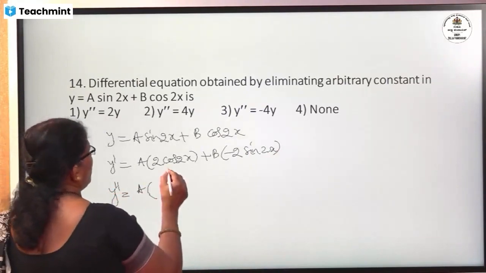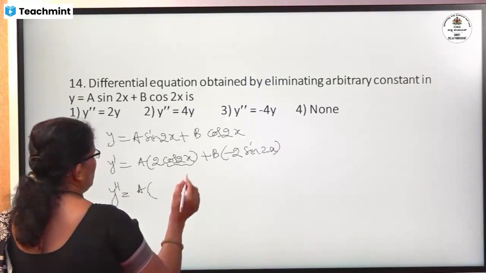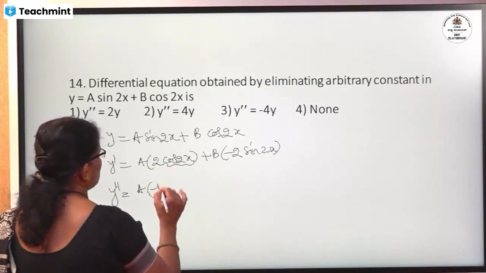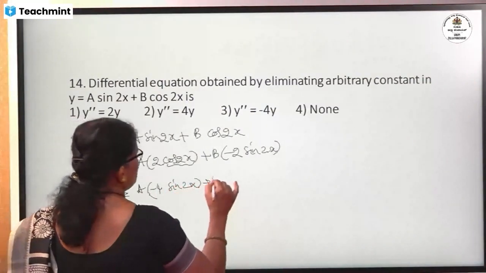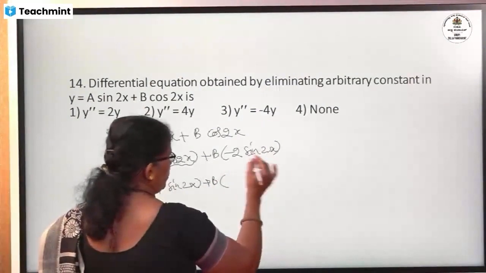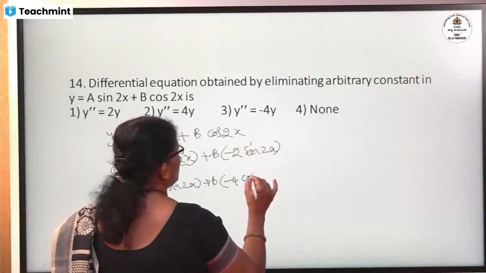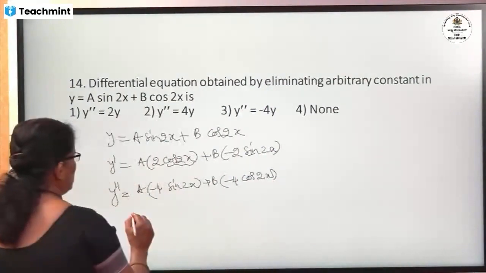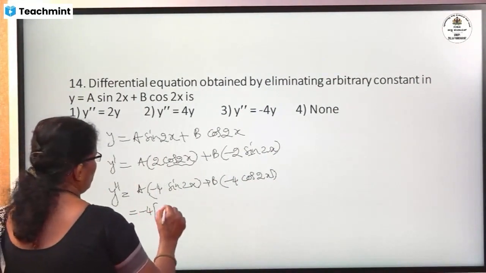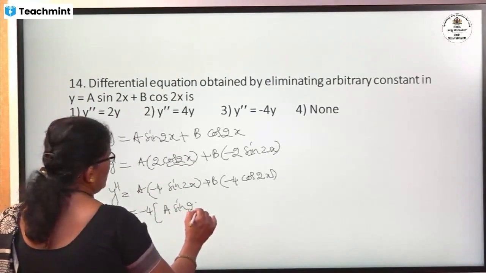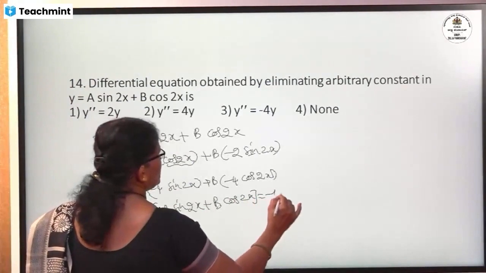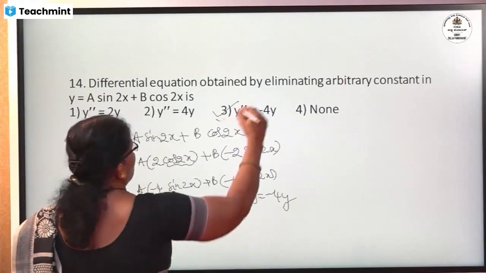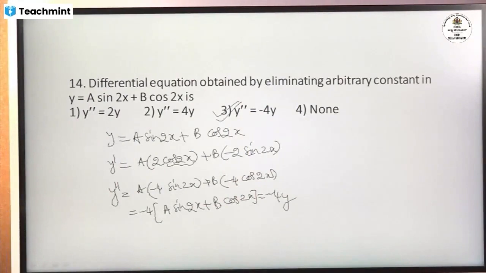A into cos 2x will be minus 2 sin 2x, and there is already a 2, so it becomes minus 4 sin 2x, plus b into sin 2x is 2 cos 2x, and there is already a 2, so minus 4 cos 2x. Now if I take out minus 4, what I get is a sin 2x plus b cos 2x, which is minus 4y. So the answer is the third option: y double dash is equal to minus 4y.